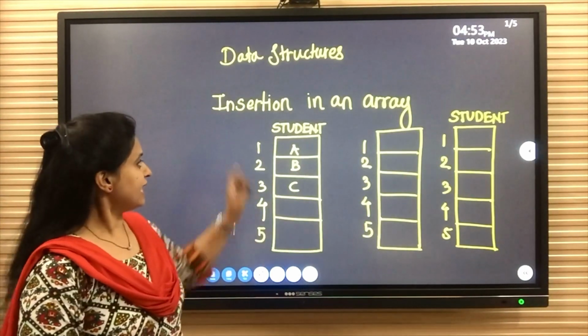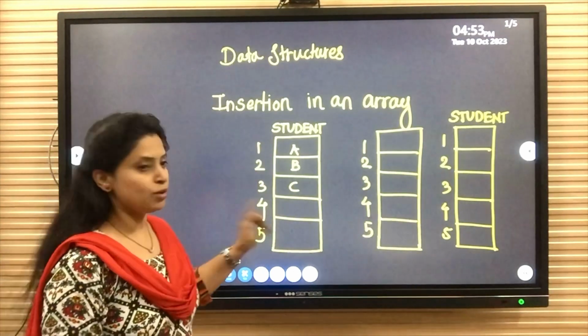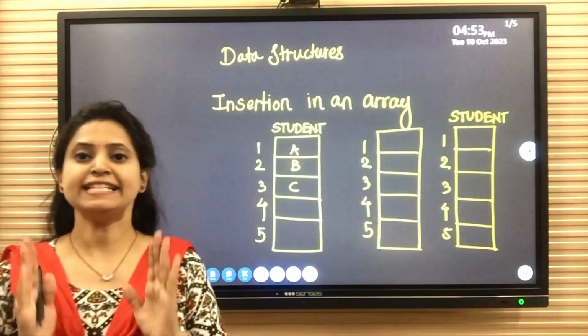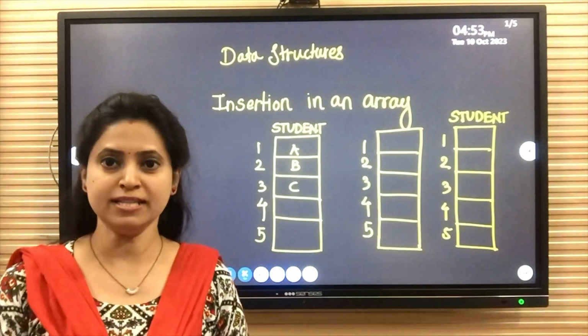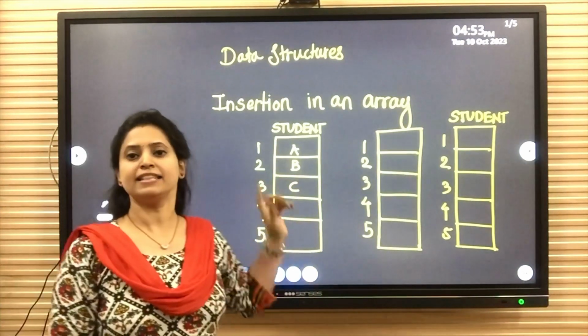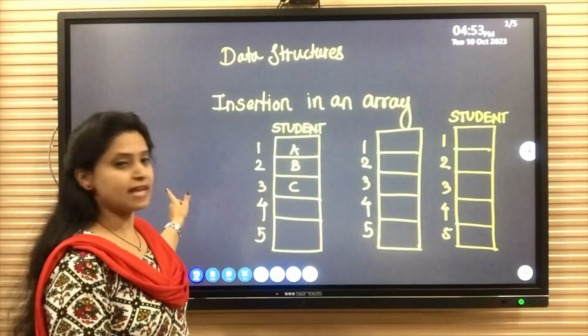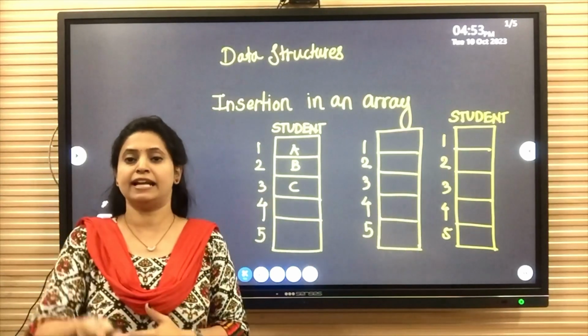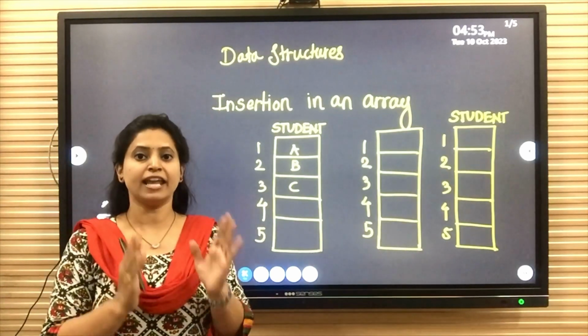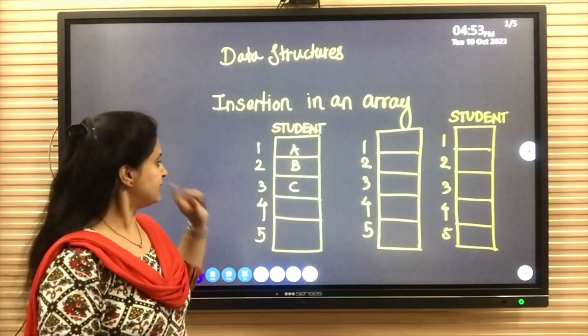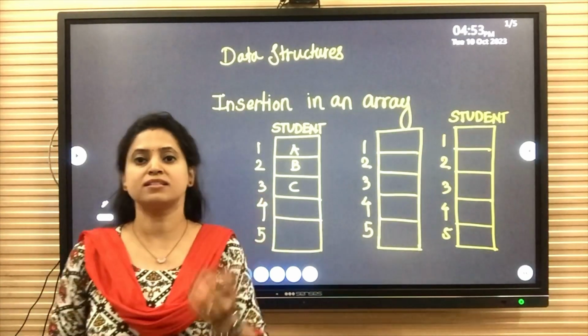Now we know that any array is having a number of elements but it is a static data type. What does it mean? Initially we are declaring the size of the array. In the example which we have taken, we have declared the array that is integer a of 10. It means that array A can have at max 10 elements.